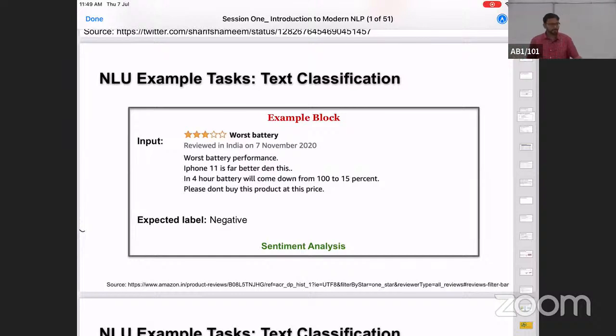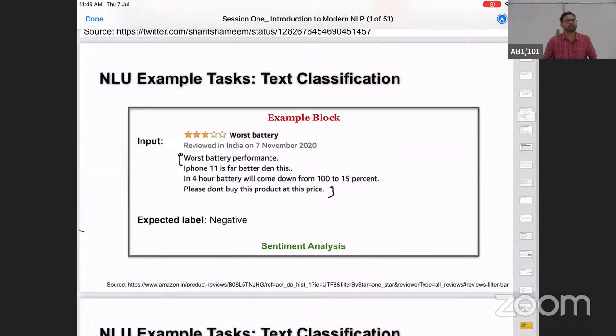So here, I have taken this example from Amazon India, right? It is about, I think, iPhone 12. So the input to the system is the text, and the text of the review says: worst battery performance, iPhone 11 is far better than this.